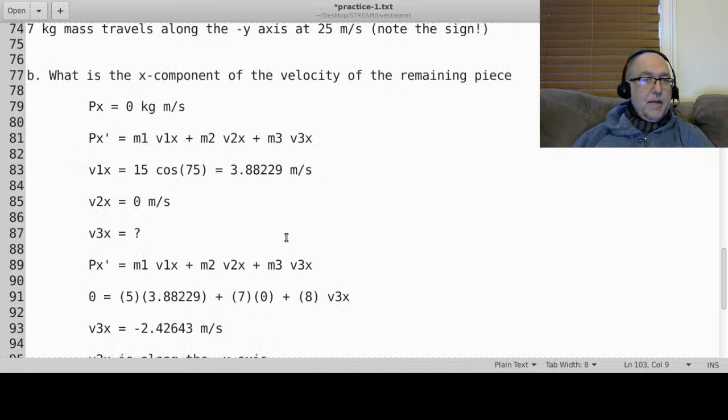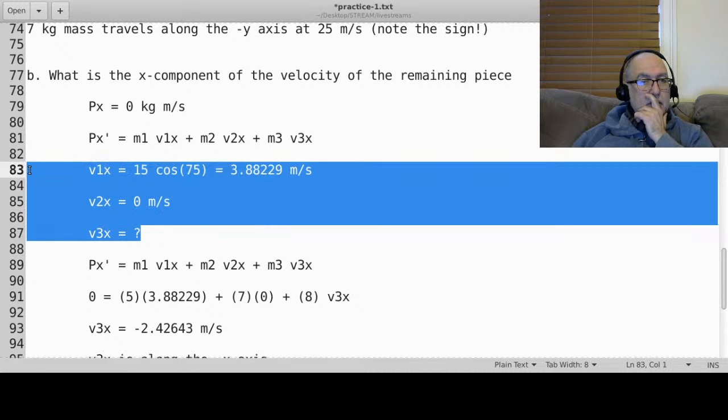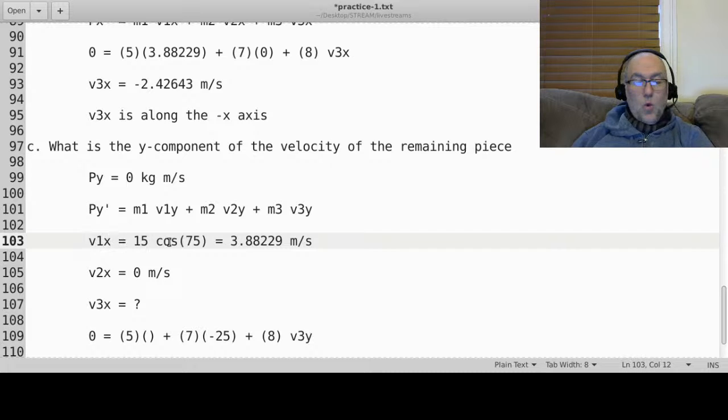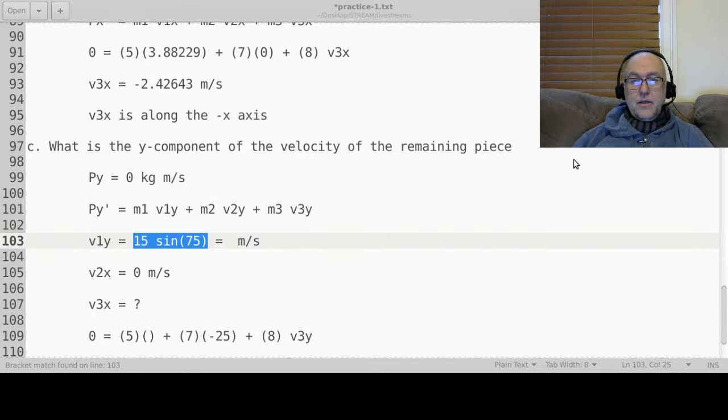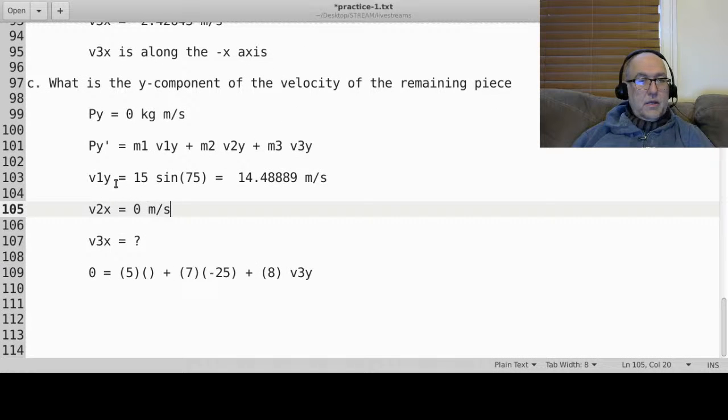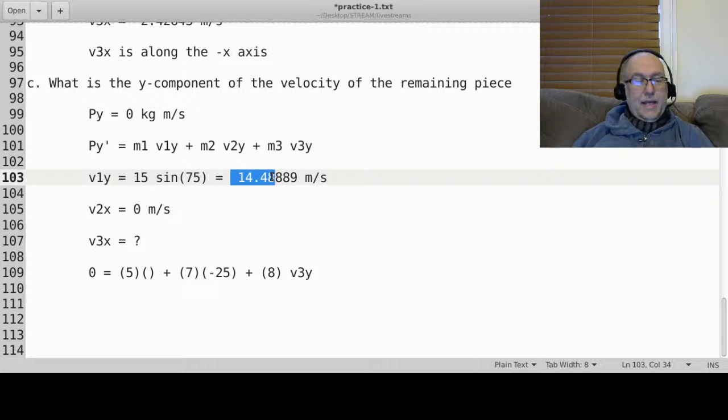Well, because now, we can just copy and paste these. v1y, the y component of v1, is sine. So 15 sine of 75 degrees. If we take that and cut and paste, we get that number there. So v1y is going to be 14.4888 and so on.